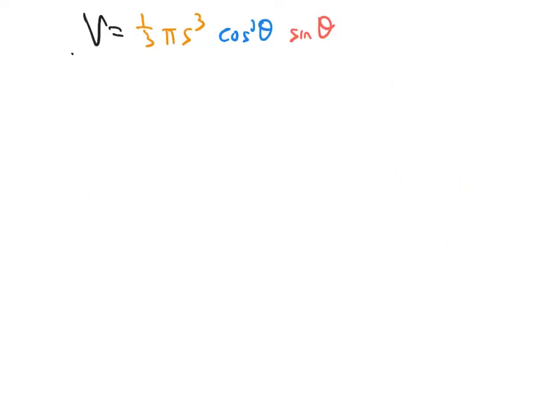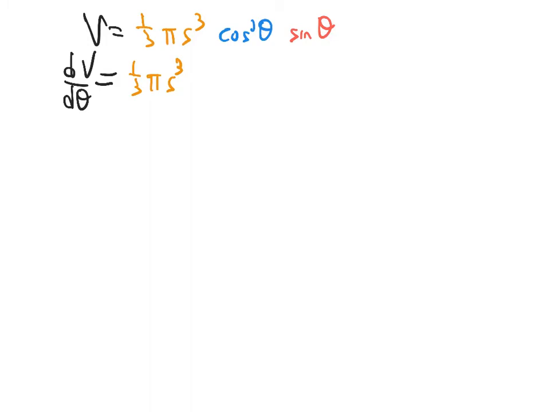So our goal is to take dV d theta over here. The stuff in orange is just a constant, and it will just come outside. It's basically just scaling the volume and plays no role for where theta is. And then we have a product rule. We have cosine squared times sine of theta.